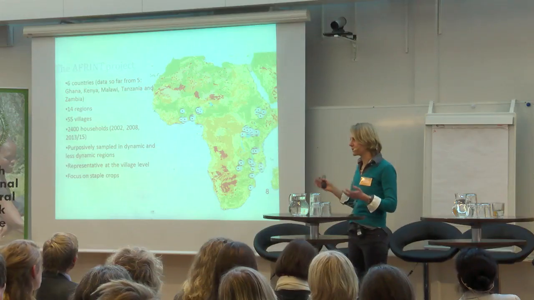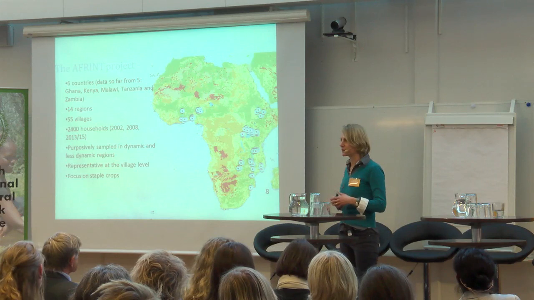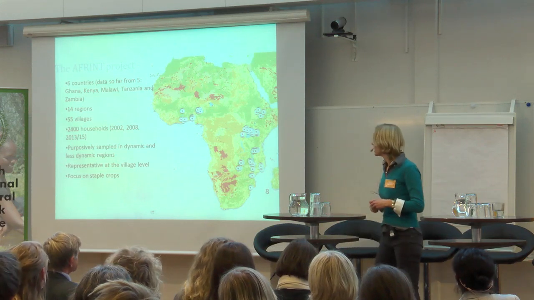So we've excluded the most marginal areas, and we've also excluded the most productive, famous examples of intensification processes, for instance, the Arusha region and areas that have been extensively studied before.